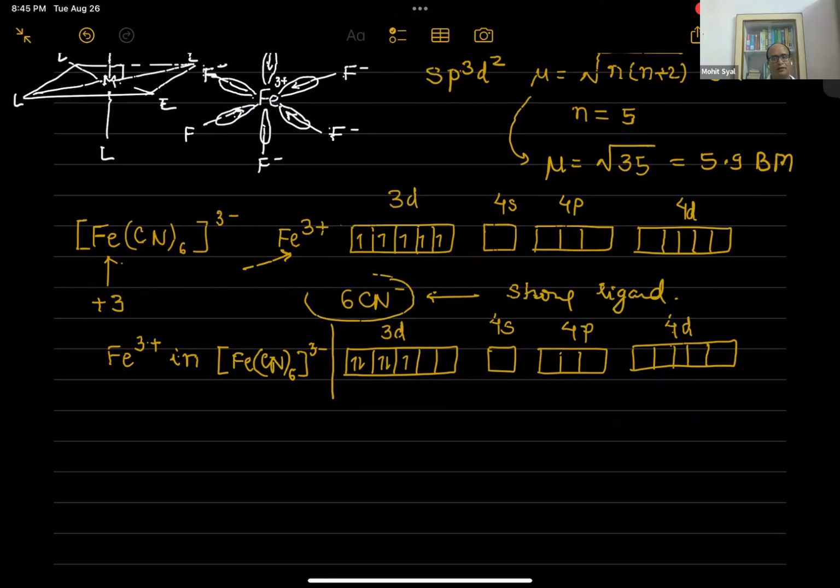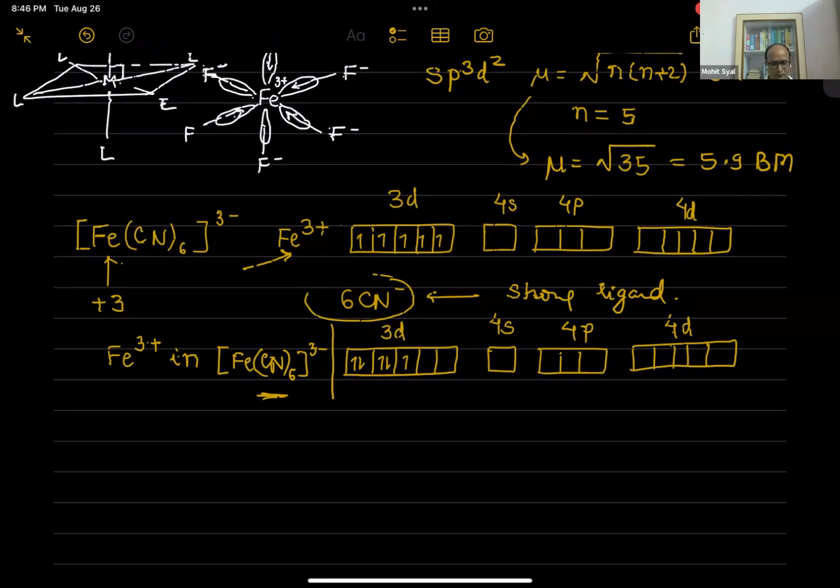This strong ligand. Got it? Yes, sir. Now I need these electrons to get paired up, and I need 6 empty orbitals so that I can attach my 6 ligands. So which 6 empty orbitals do I need to take?